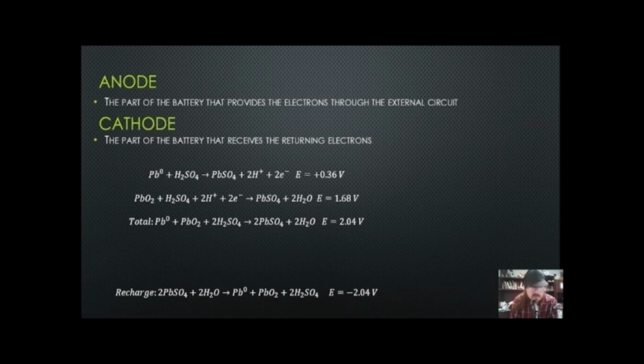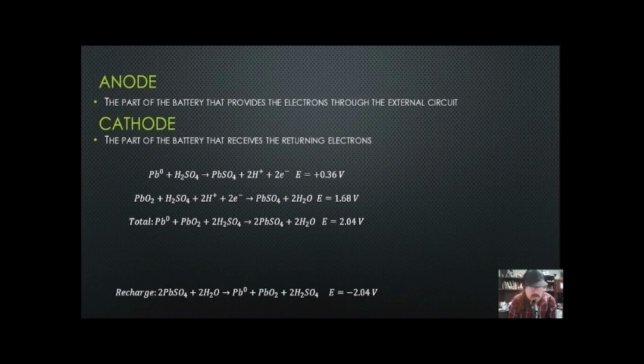So what you're doing is taking the lead sulfate and the water and turning it back into lead and lead oxide. The advantage of these is that lead sulfate is a solid, and the lead sulfate solid forms on the grid that keeps it in place and doesn't allow it to just fall to the bottom of the battery.